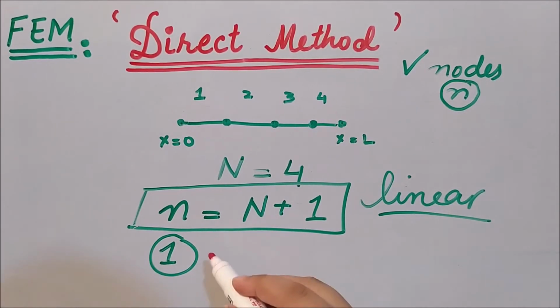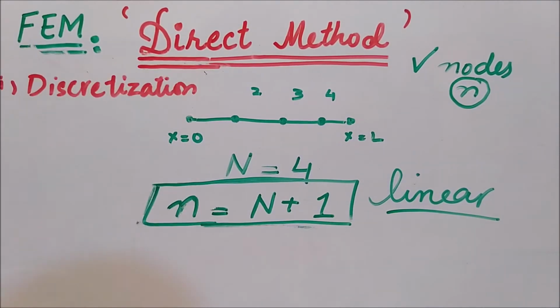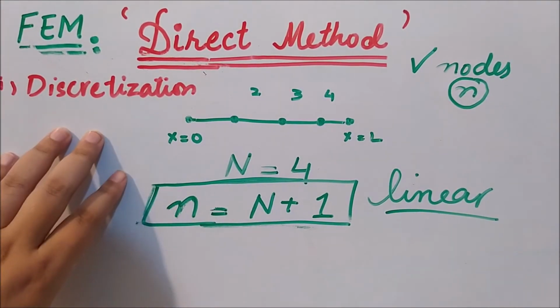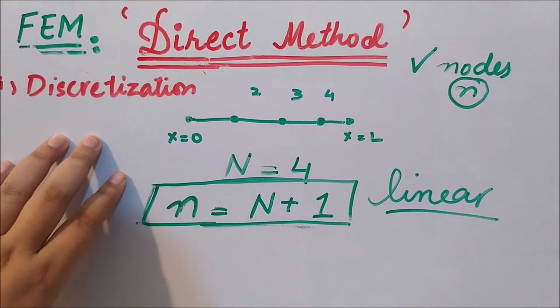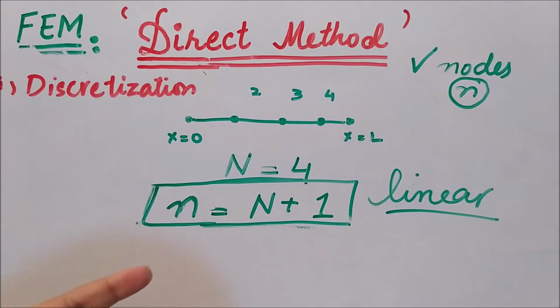So in the direct method, the first step is known as discretization, which is discretization of the whole domain or the whole structure. In the discretization step, we need to specify the number, type, size, and arrangement of the elements.